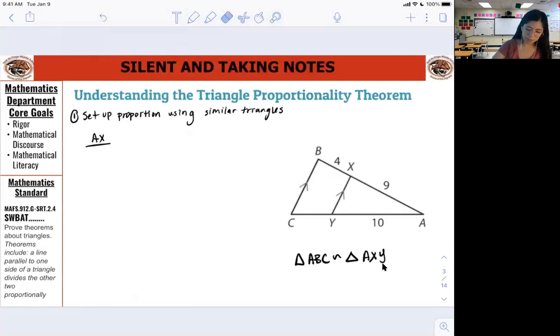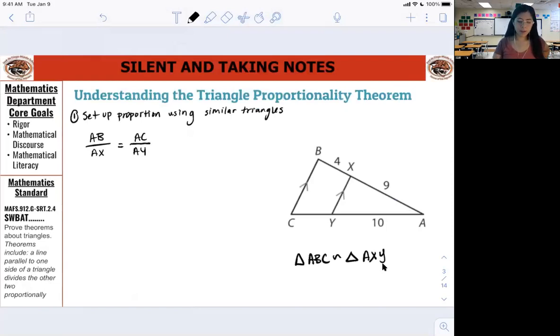Actually, I'm going to do big over small. So AB over AX equals AC over AY. Right? I'm not using the numbers, I'm just using the names of each segment.